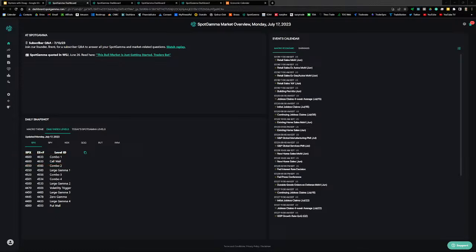All right, so I've talked about the levels that are in play for today, the shifts in levels for the Nasdaq and S&P 500. Let's take a look at some other data real quick here.